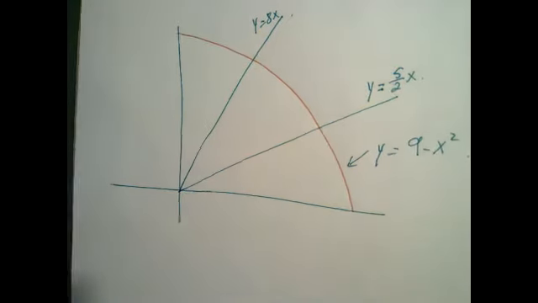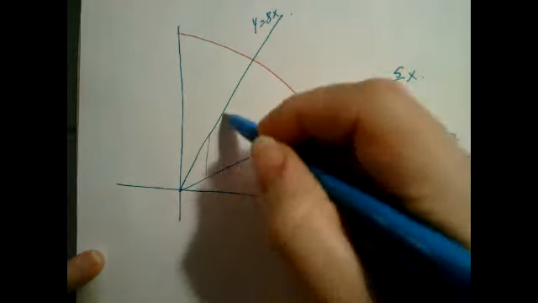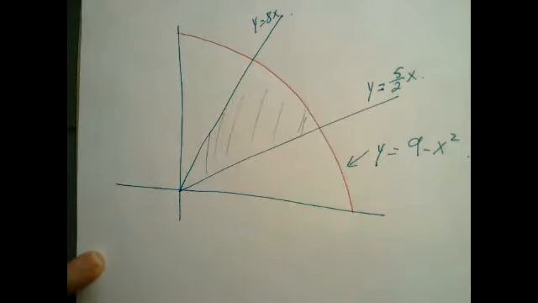Right? And the problem is I need to find the area in between. This area. All right. Exactly. If I need to find this area, I really have a problem.